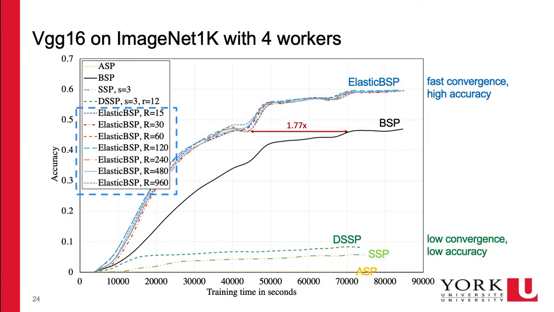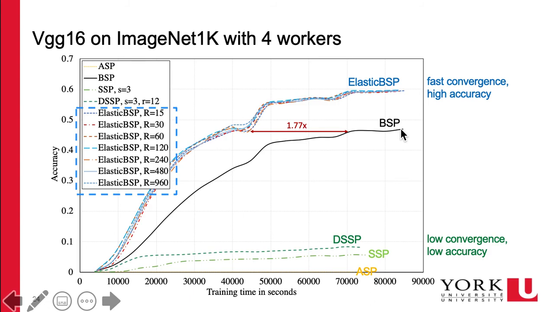Finally, we run our ElasticBSP on a network called VGG16 based on ImageNet 1K. It's running on 4 workers. As we can see here, our ElasticBSP with different R, the future estimations, is running better than BSP. And they are still learning.